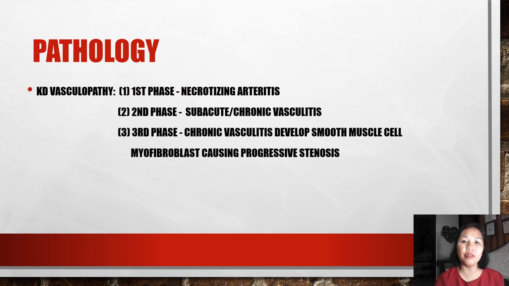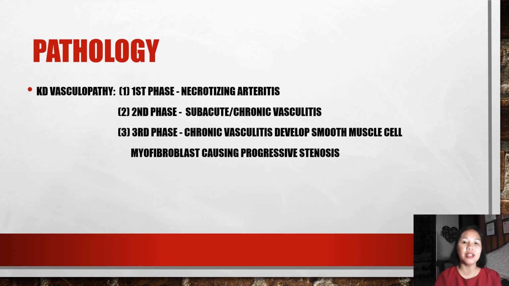Vasculitis begins with neutrophil infiltration of the arterial wall that occurs during the first 2 weeks of the disease and destroy the vascular wall, causing aneurysms. This is the first phase, which is the necrotizing phase.